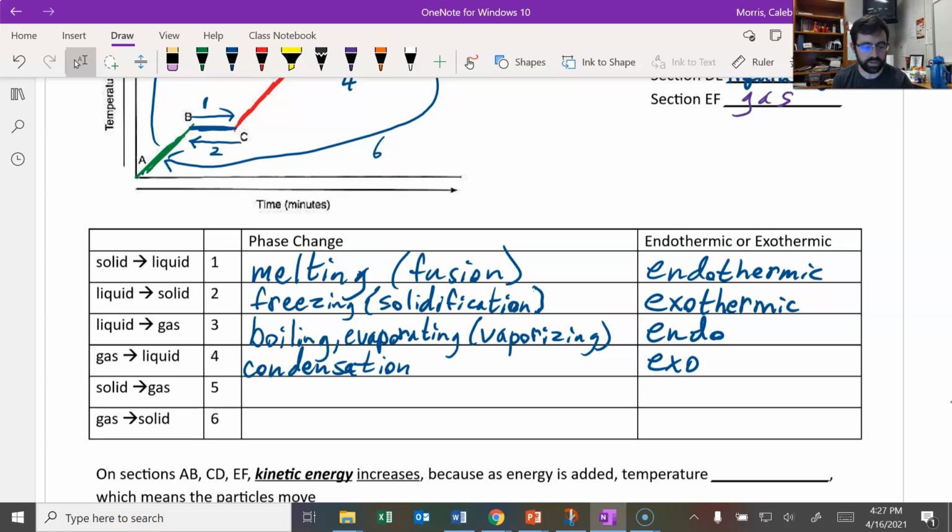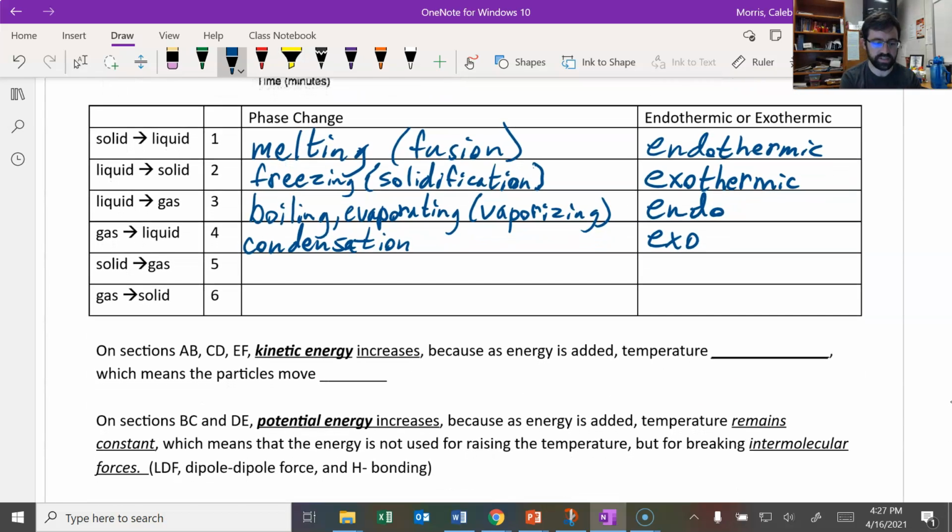Going from a solid to a gas is called sublimation or subliming. Going from a gas to a solid is called deposition or depositing. Okay, sublimation from solid to gas, again, that would be endo. And from a gas to solid, that would be exo.